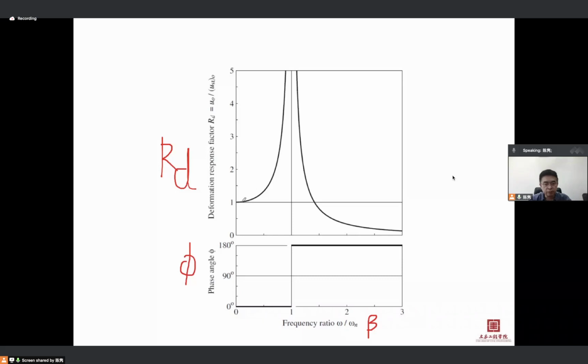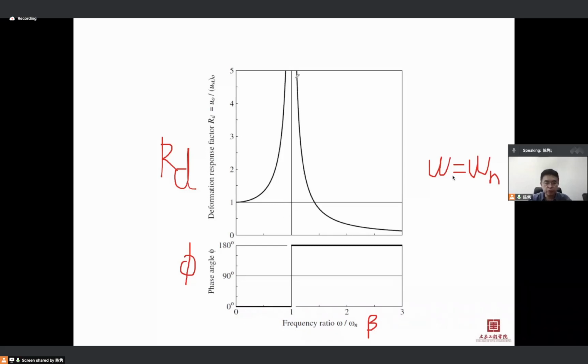You can see on the curve, when the frequency becomes larger, RD becomes larger, because this is the amplification factor. And when omega equals omega n, which is resonance, the third term today, this becomes infinite, which means the dynamic response becomes infinite compared to the static load if there's no damping.